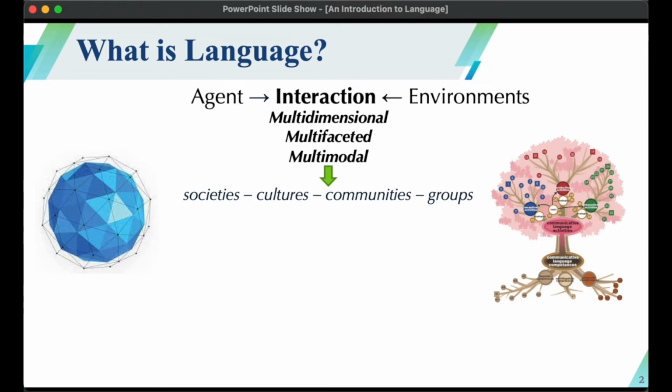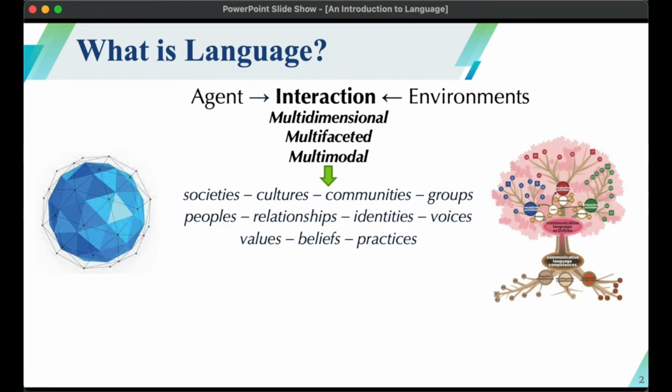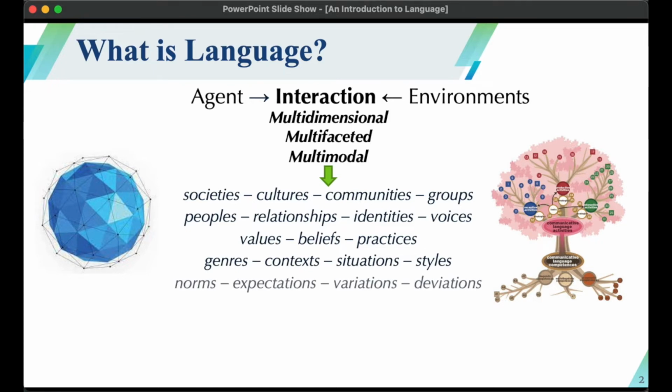It involves the interaction of societies, cultures, communities, and groups, peoples, relationships, identities, and voices, values, beliefs, and practices, as well as genres, contexts, situations, styles, norms, expectations, variations, and deviations. It also involves thoughts and feelings, and motivations and goals.